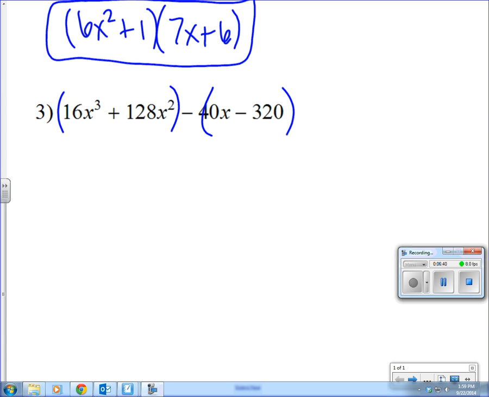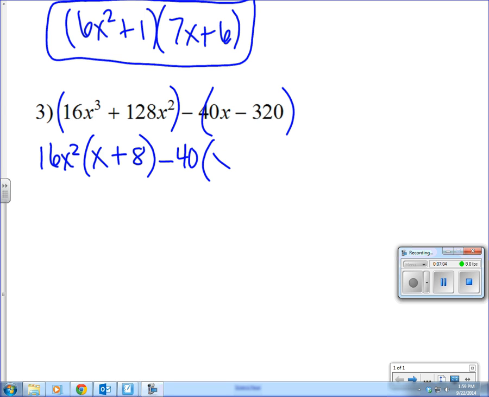No, hold on. So 16 actually goes into 128 how many times? 8, so then you'll have x plus 8 left. And then, since this is minus, you want to write a minus, and what goes into 40x and 320? 40, right?